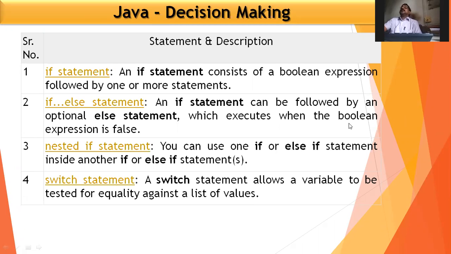Inside the if statement, if the Boolean expression is true, then the true block of statements will get executed. Otherwise, the false block of statements will get executed. So that is the if else statement, which has two parts, one part before else and the other part after else. The else is very important. If the expression is false, the part written inside the else statement will get executed.